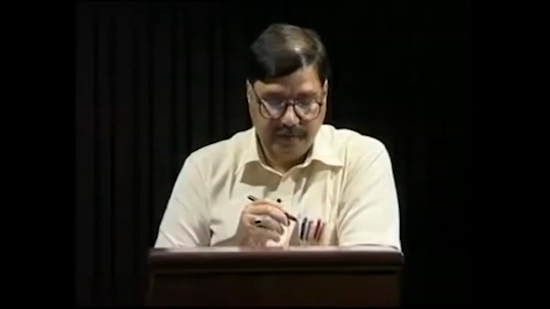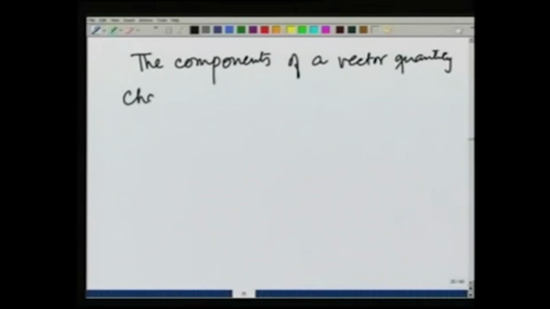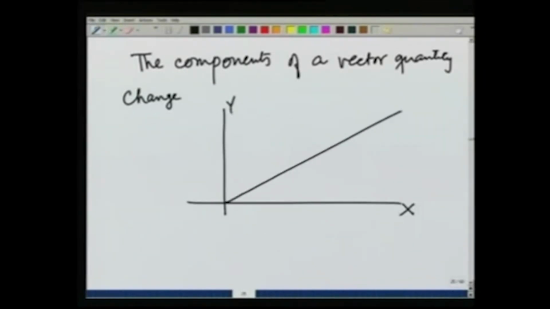On the other hand, we also see that the components of a vector quantity change when we go from one frame, say x y, to another frame x prime y prime, which is rotated by an angle theta with respect to the first frame.